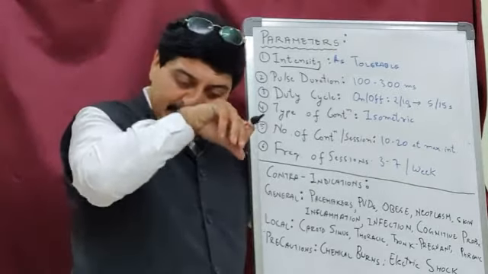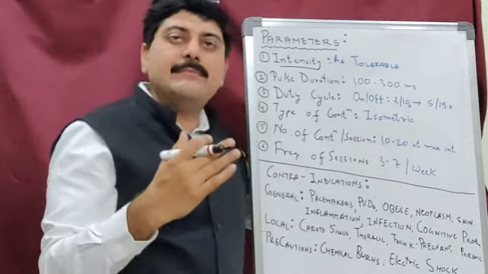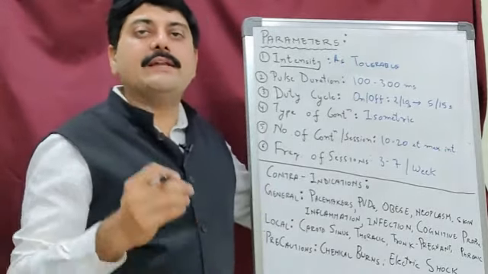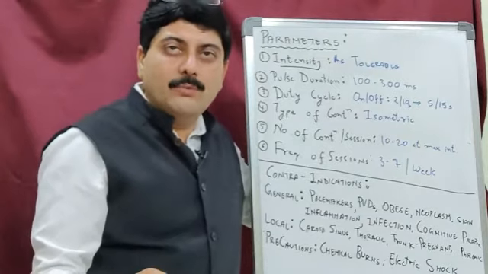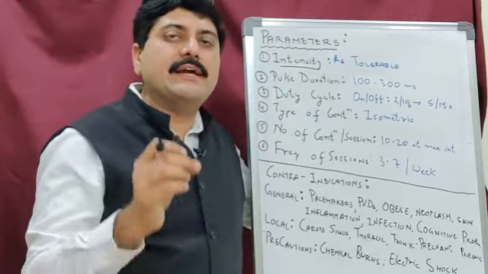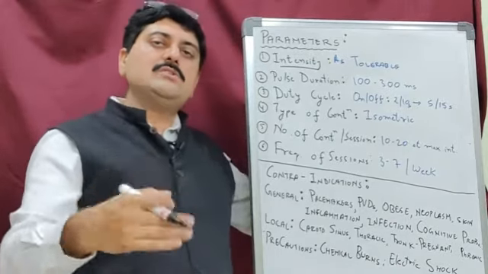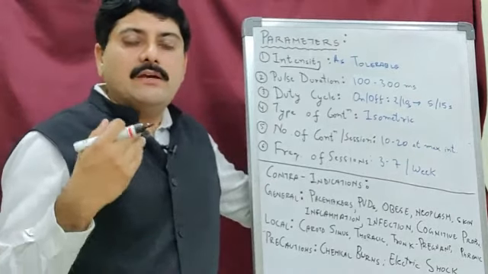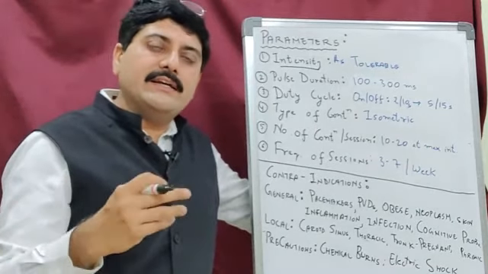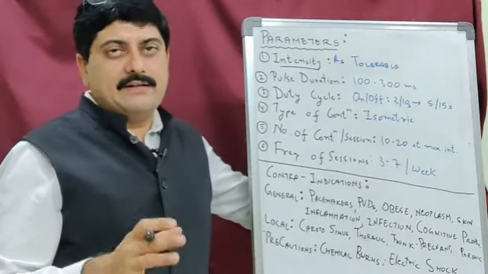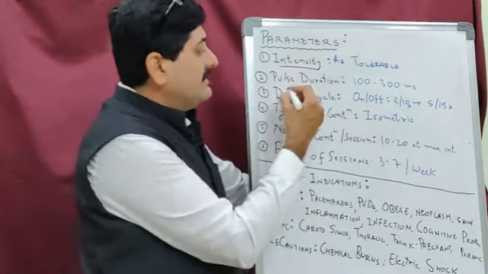No. As the patient gets accustomed to the stimulation, he will allow you to stimulate up to a level where you can see the movement. So the intensity starts from as far as the patient can tolerate and goes towards the functional movement. Once the patient starts tolerating, you can increase it up to a level where you can see a functional movement in the part. So this is about intensity.